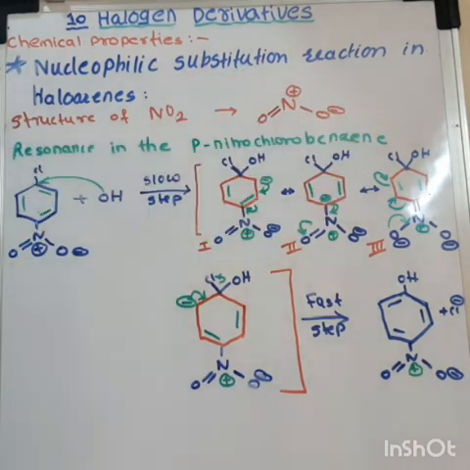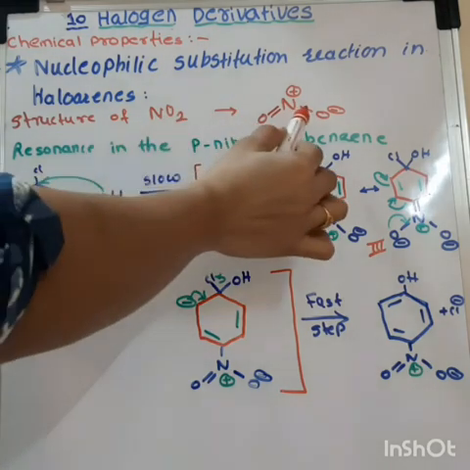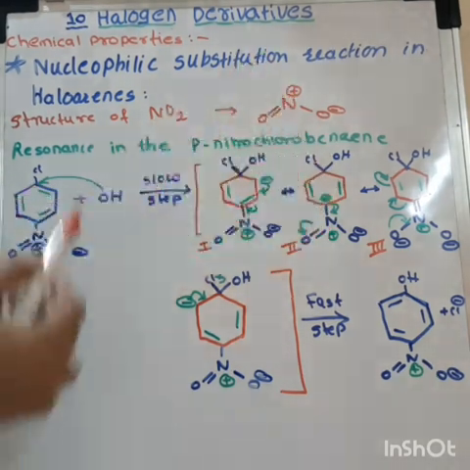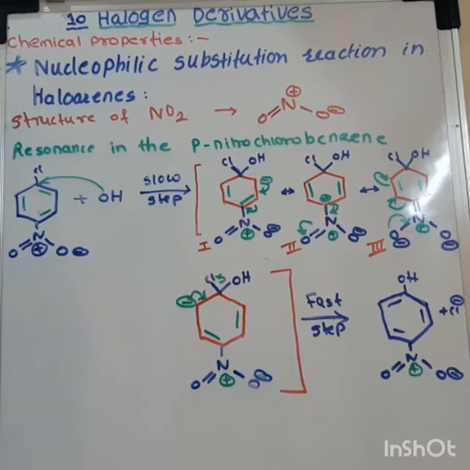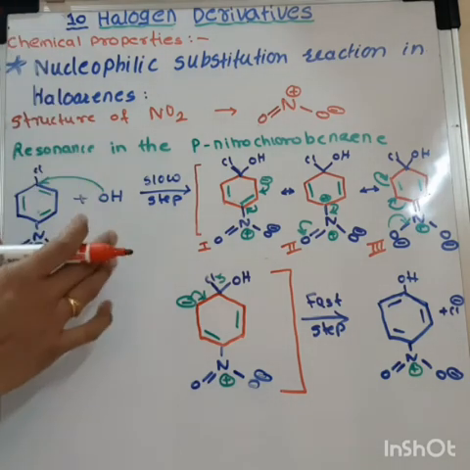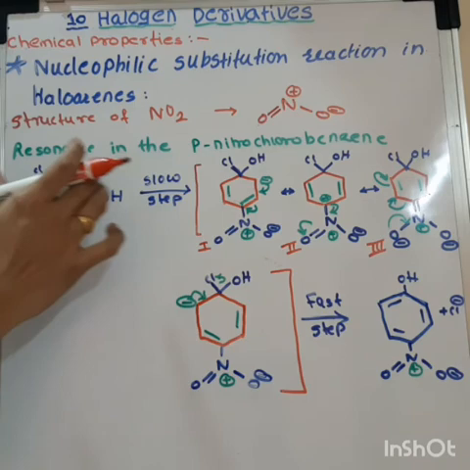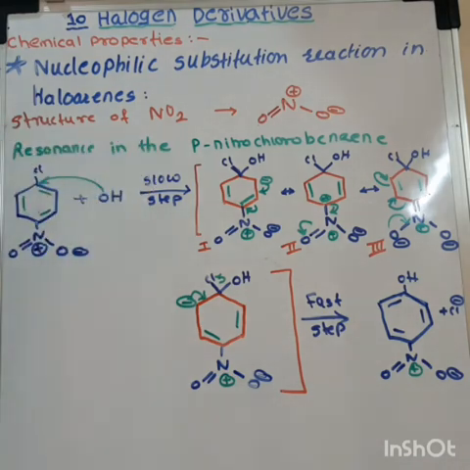So this is the structure of the nitro group. When such an electron withdrawing group is introduced to chlorobenzene or haloarene, these types of resonance structures are there. So let's see the reaction and resonance in para-nitrochlorobenzene converted to para-nitrophenol.